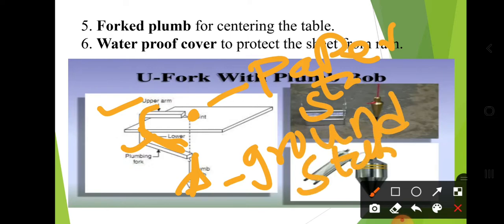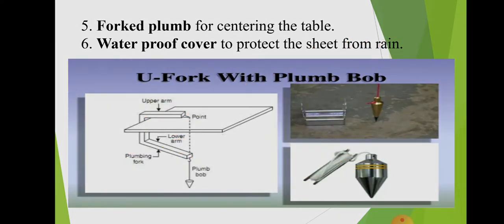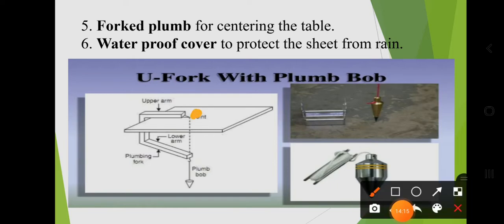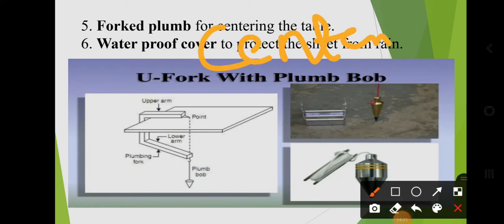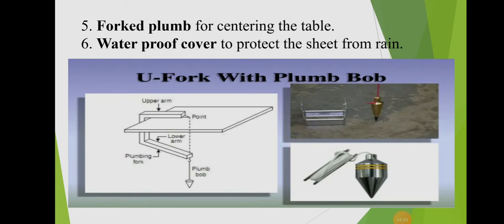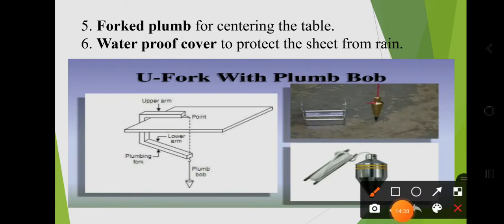We will fix that ground station with the help of an arrow at the bottom of the plane table, and that ground station is exactly taken on the paper. This ground station we are taking exactly on the paper, and we are fixing it here as P. This one is the center of the paper, and this one is the center of the ground, and it is called centering. Centering means what? We are taking the ground station exactly onto the paper as the paper station, and it is called centering, and it is done with the help of the plumb bob with U fork.